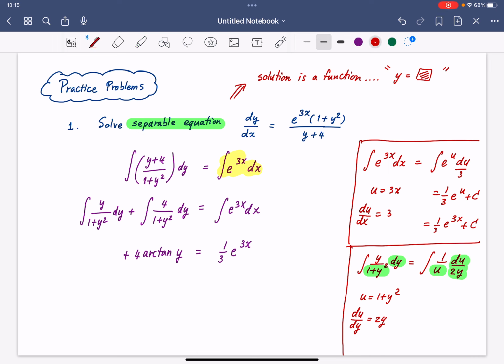And now, oh, not 1 here, it's y here, and then y cancels y. So you get 1/2 integrate 1 over u du, which is 1/2 times log absolute value of u plus c.